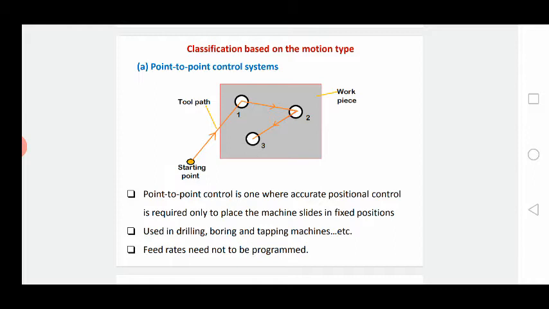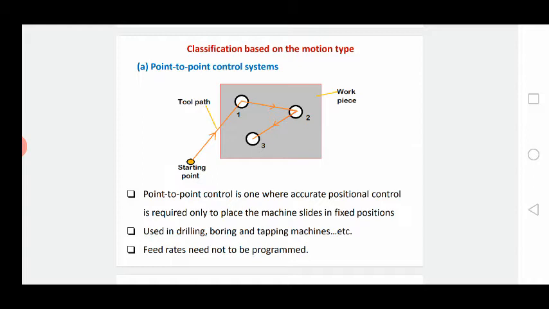For example, if I take a tool path, the tool goes from one point to another point, and we give the points. Point to point control is one where accurate positional control is required only to place the machine slides in fixed positions, used in drilling, boring and tapping machines. So feed rates need not be programmed.